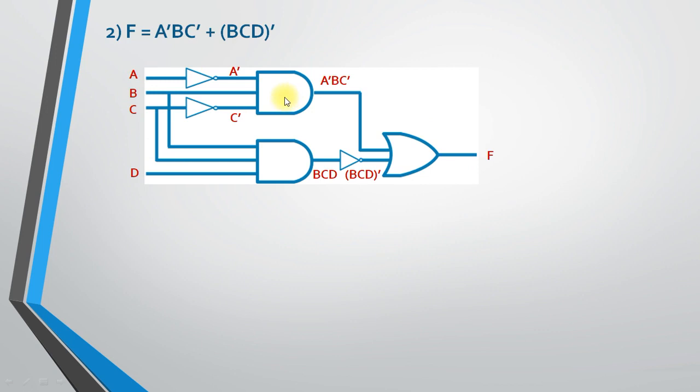So first of all, you need to give the list of input variables and the list of output variables, that over here A, B, C and D are considered as input variables, F is represented as output variable, and after that you can draw and define the Boolean function.